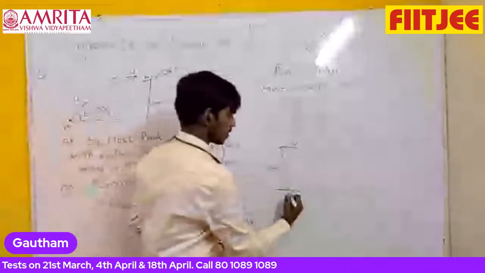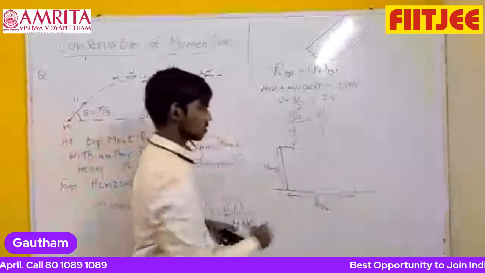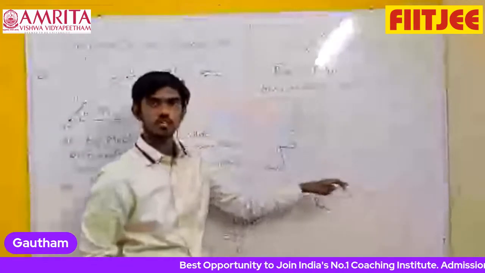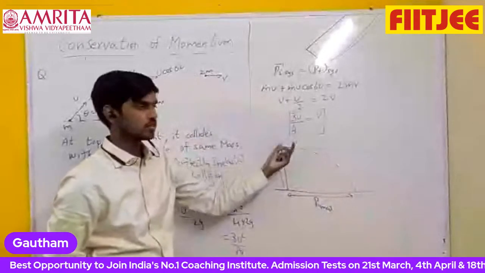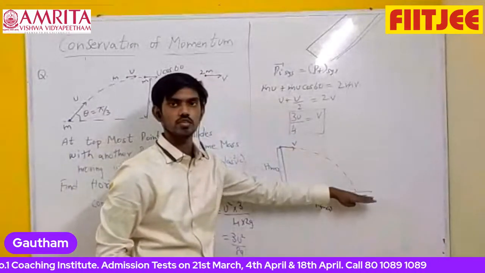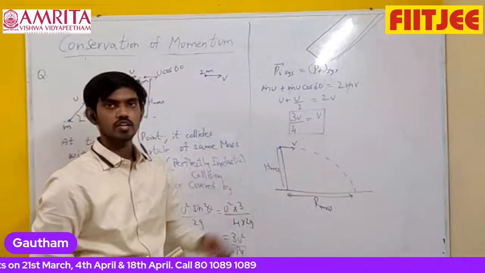Now we have to find maximum distance traveled. What is the range? Range is the distance traveled in x-axis. X-axis is acceleration 0. So if there is no acceleration, speed is constant. So x direction speed constant na, distance traveled in x direction is equal to speed in x direction into time. So x and y தனியா solve பண்ணலாம்.